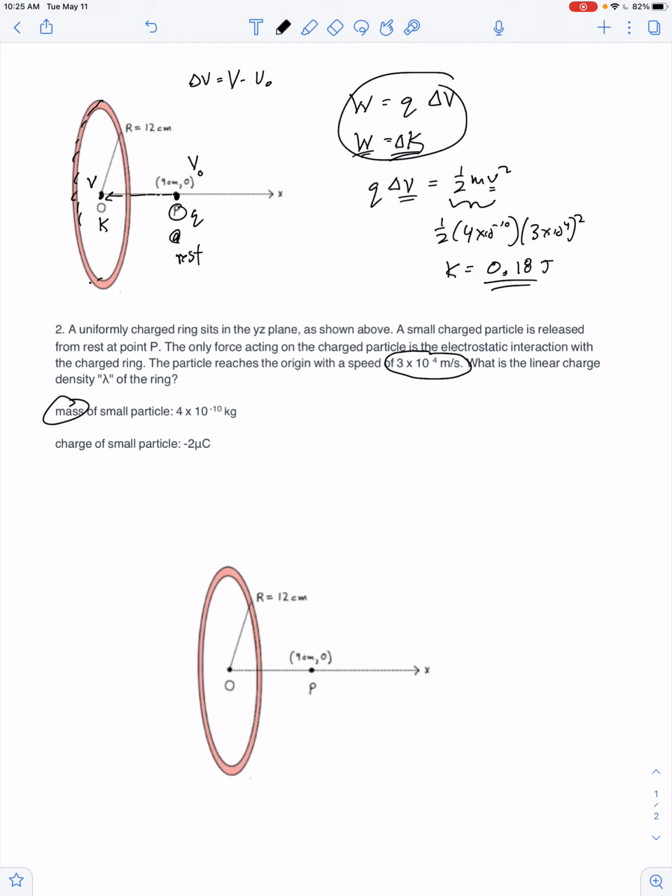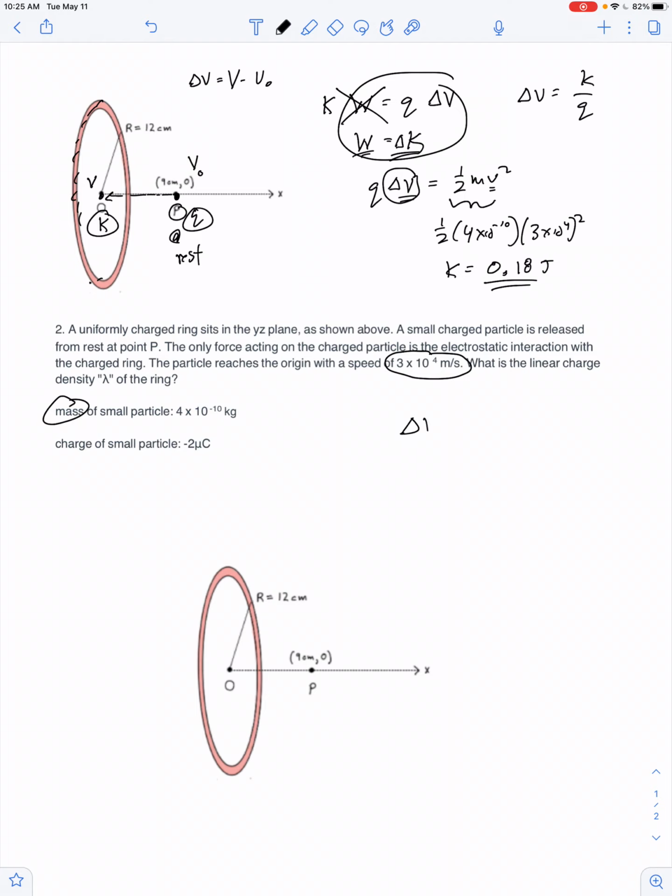So actually then we could figure out what this difference in electric potential is, right? Let's replace work with the final kinetic energy that the charge develops. Then delta V is that kinetic energy divided by the charge that was moved through that potential difference.